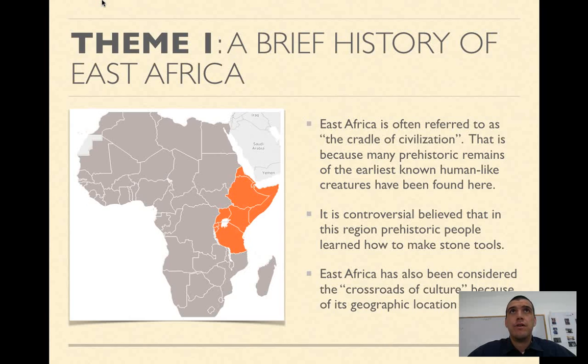And this is where many archaeologists and anthropologists believe that we as humans evolved and became humans in this area. So many people argue that this is where human beings, Homo sapiens, were born. So it has a very, very deep history, and what we're covering here does not do it justice.